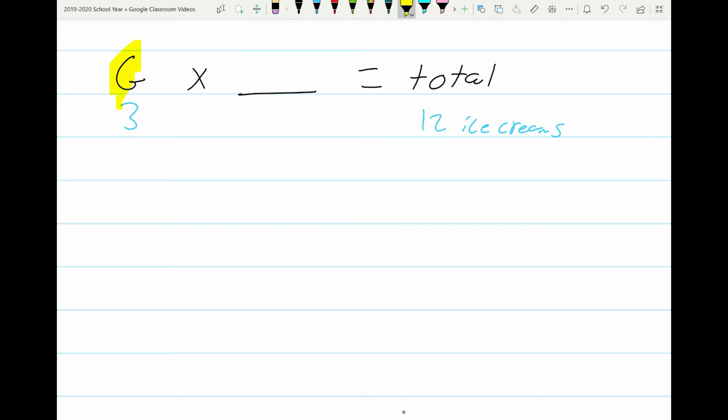All right, they gave me the G, the total number of groups, and they gave me the T, the total. They want to know how much each person is going to get. That means I'm missing the E, so this would be a division problem.